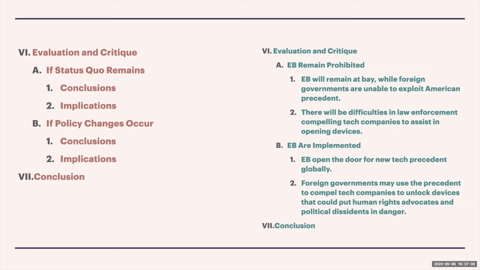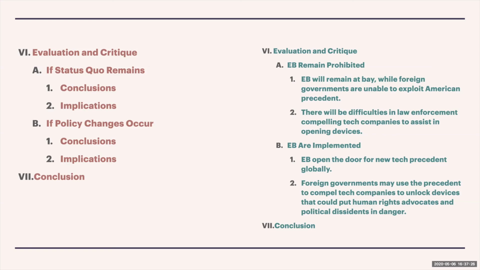You notice the wording in there. It could put human rights advocates, may use the precedent. We're couching these in language that is in line with a prediction. Whereas there's a higher confidence yield on the other one, because whether or not encryption backdoors are implemented is a hypothetical.